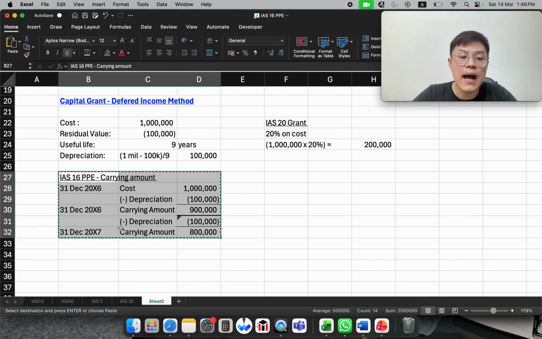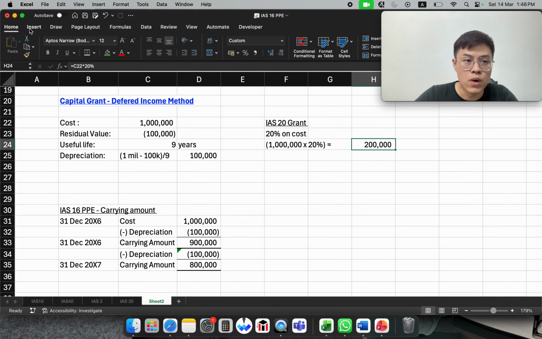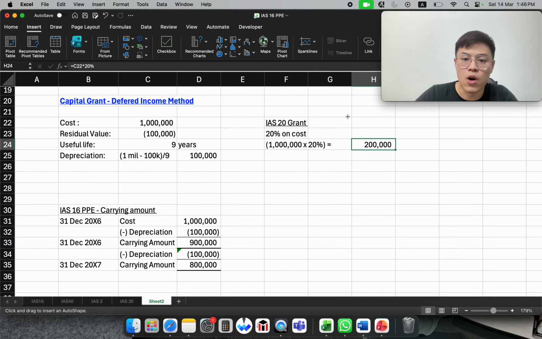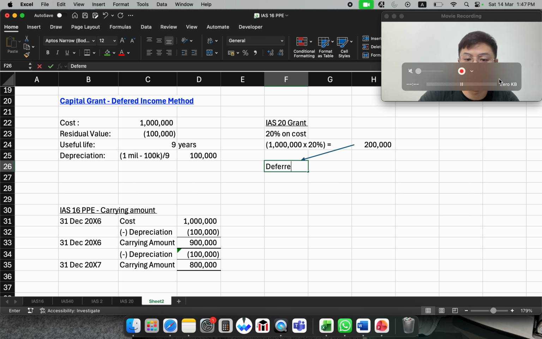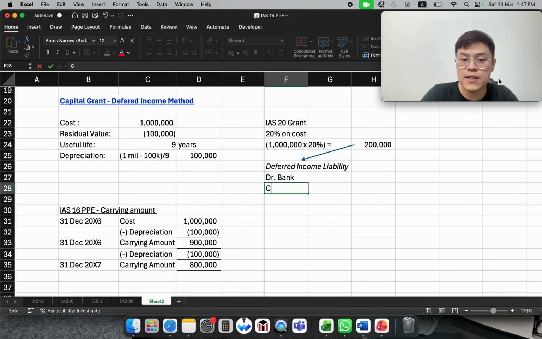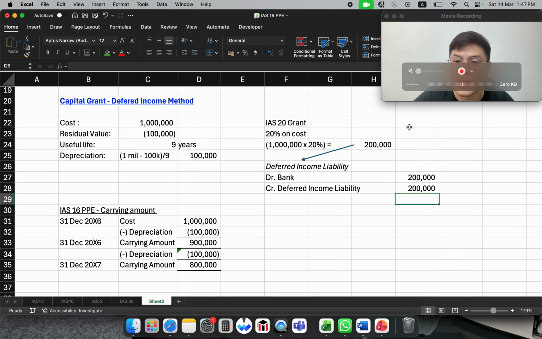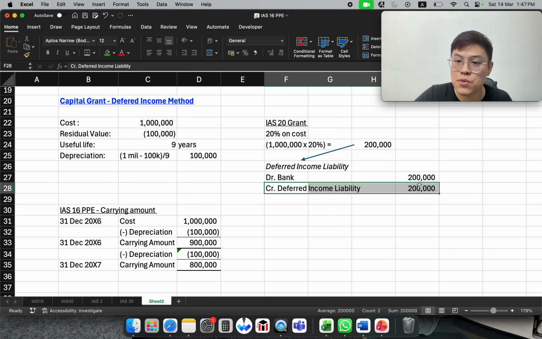But for the IAS 20 deferred income method, this grant will be recorded, or so-called temporarily parked, in your deferred income liability account by debit bank when we receive and credit deferred income liability account, 200k, 200k.